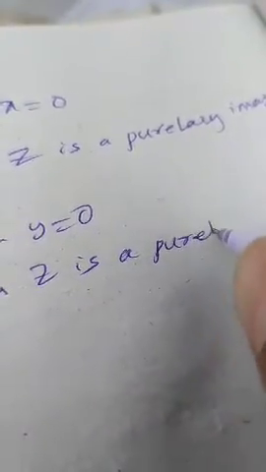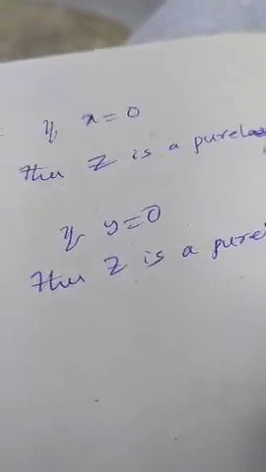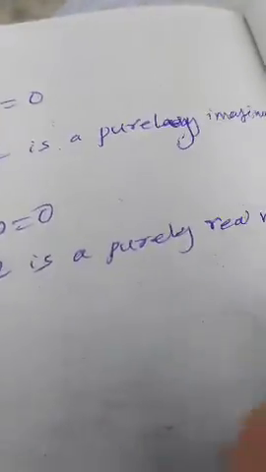Note 2: if y equals 0, then z is known as a purely real number. If x is 0, then z is a purely imaginary number. If y is 0, then z is a purely real number.